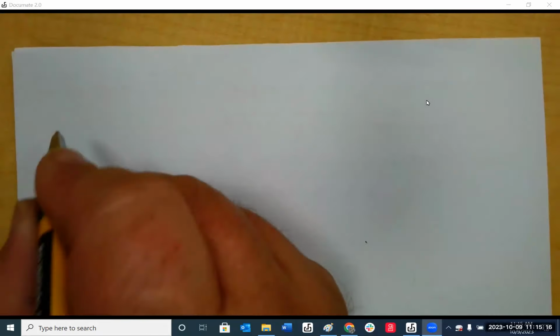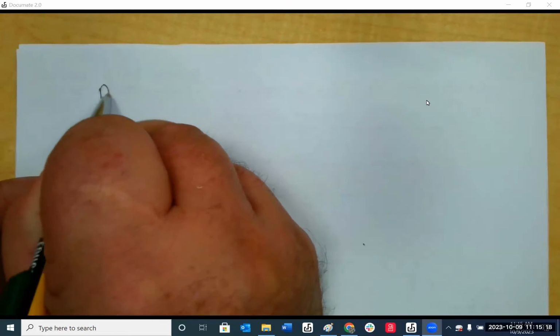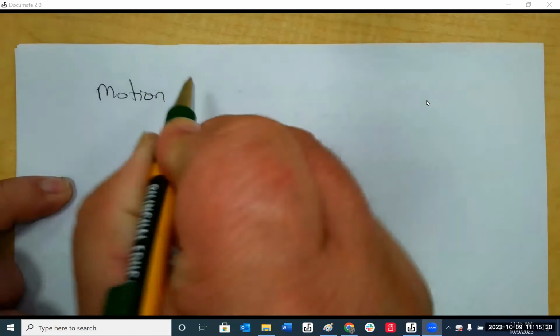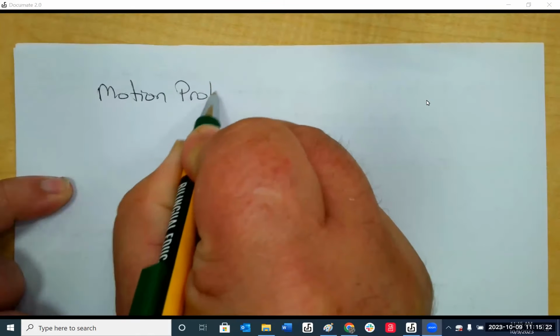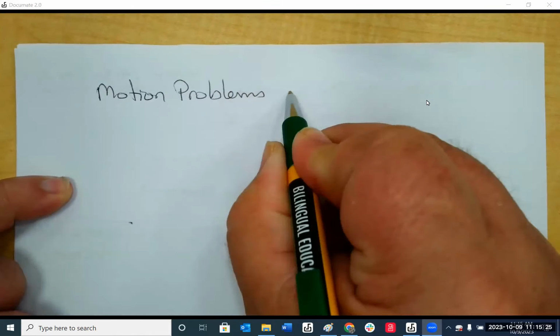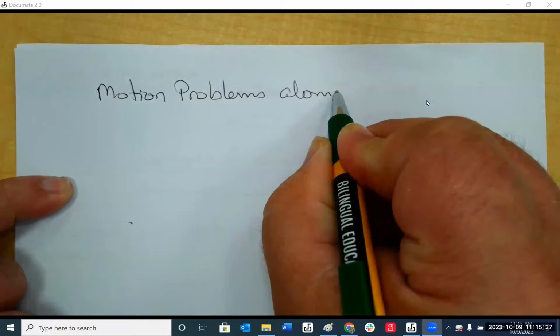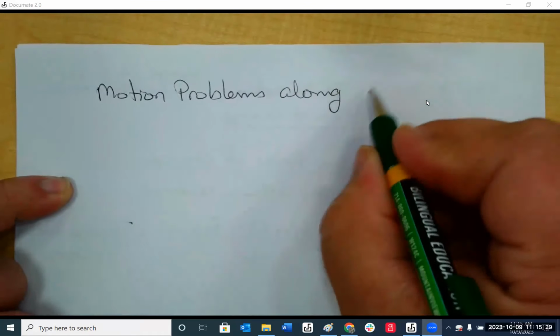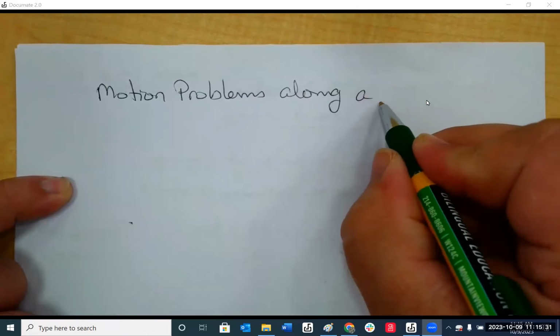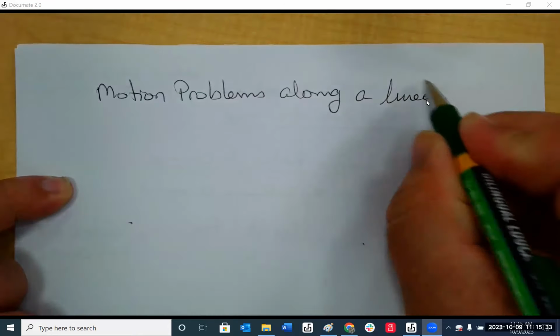Now let's look at motion problems along a linear path.